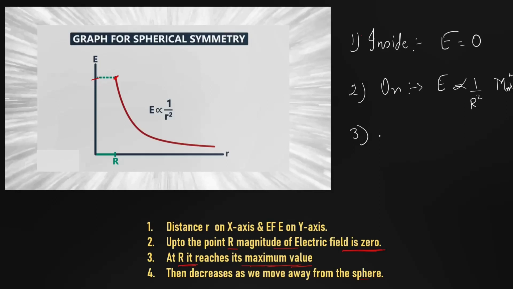The third situation is when the point is outside the shell. Outside the shell, the electric field intensity varies inversely as 1 upon r square. As the distance from the shell increases, the electric field intensity reduces. This is how we can show it with the graphical representation. So with this we have finished our first article of Gauss's law, the application of Gauss's law.